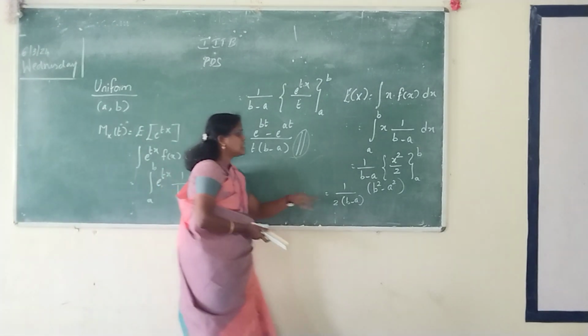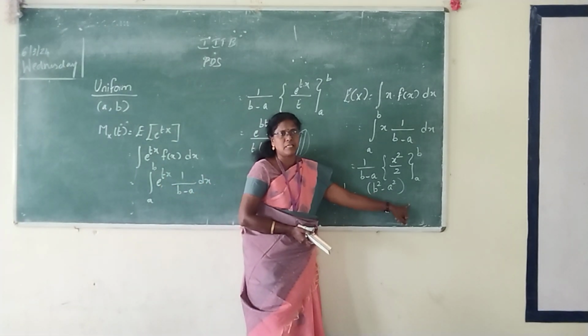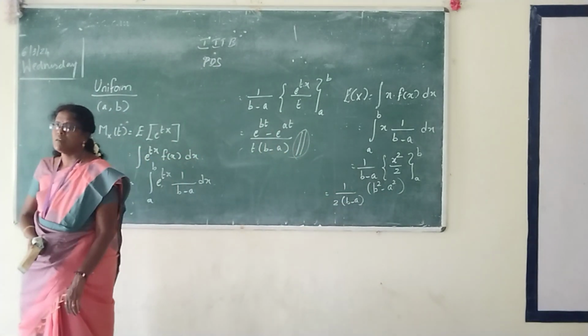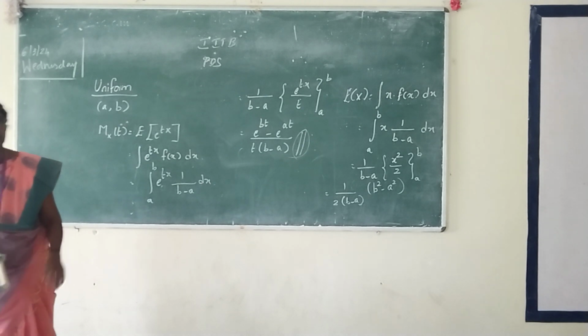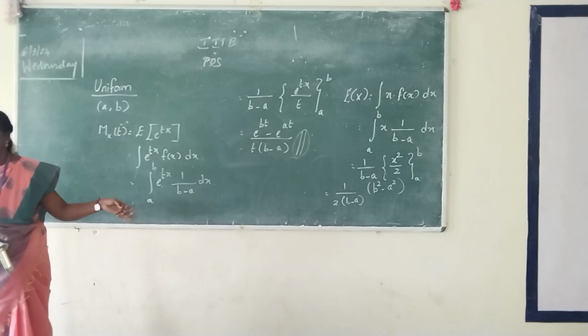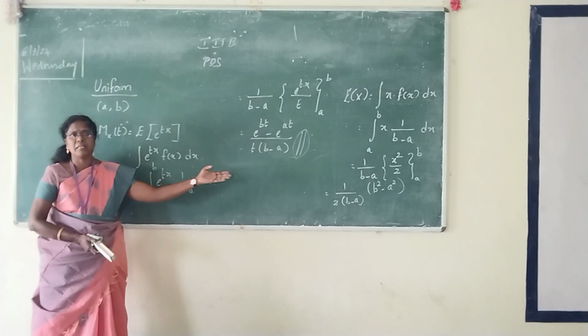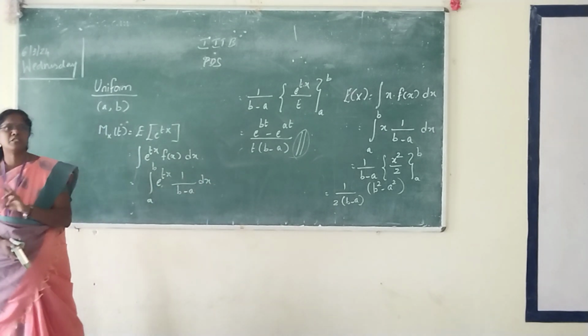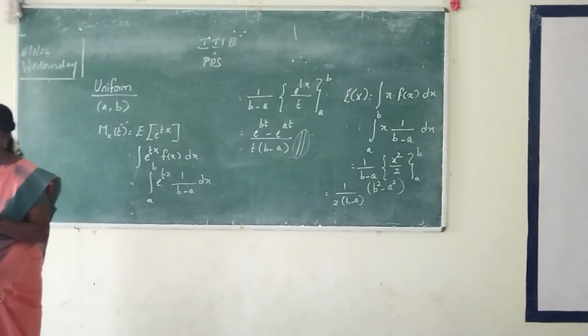You will get it as b minus a into b plus a. So b minus a cancels. So what will be your answer? b plus a by 2, or a plus b by 2. That is your mean. Easy or not? Will differentiation be easy or integration be easy? Integration. Like that, you have to choose which method will be easy for you to solve in the exams.